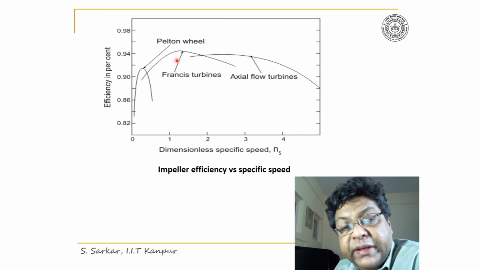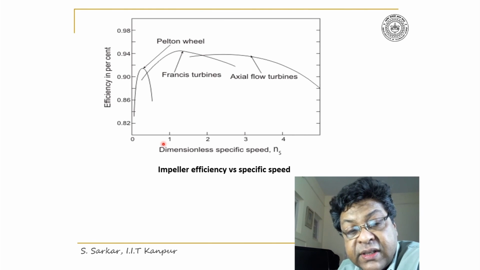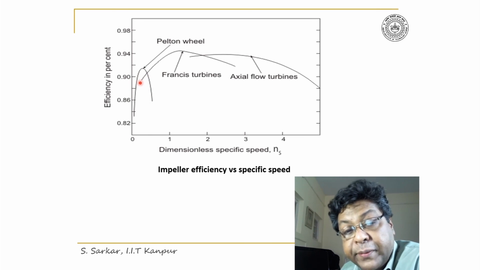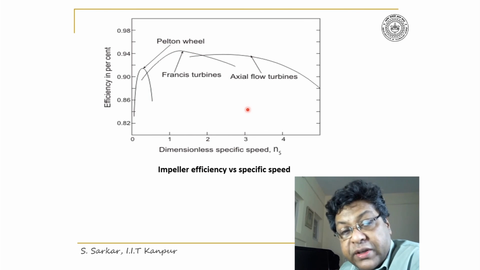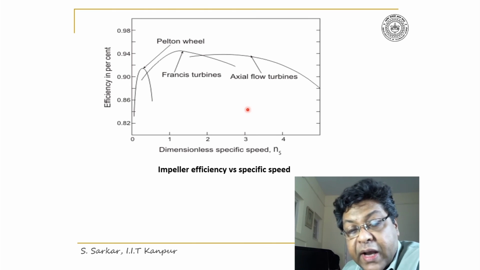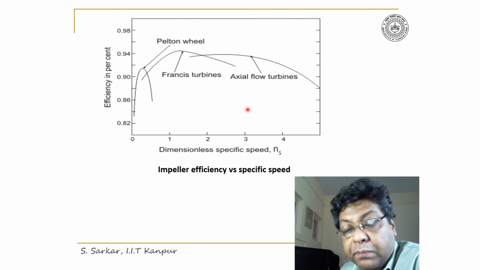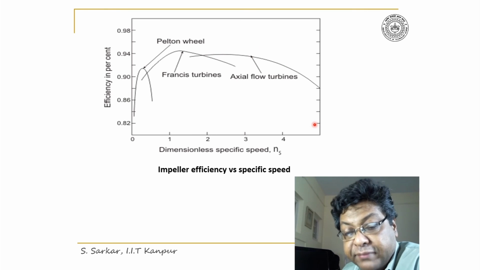And I have expressed it in terms of turbine type. At ns less than 0.5 is the region for the Pelton turbine, 0.6 to 2 is the region for the Francis turbine, which is the mixed flow machine, and 2.5 and above is the region for the axial flow turbine.